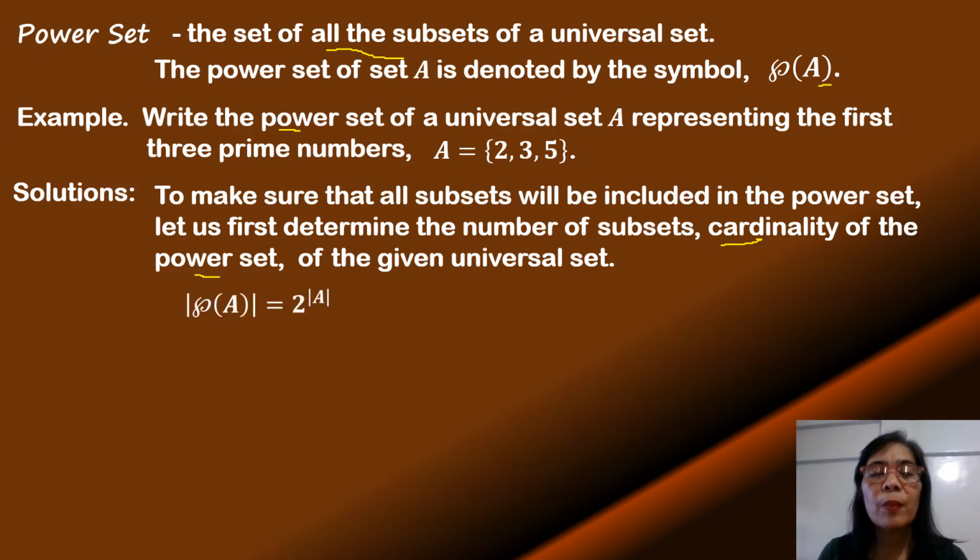The cardinality of the power set of A is equal to 2 raised to the cardinality of A. And since there are 3 elements for set A, we therefore have 2 cubed or 8 subsets.